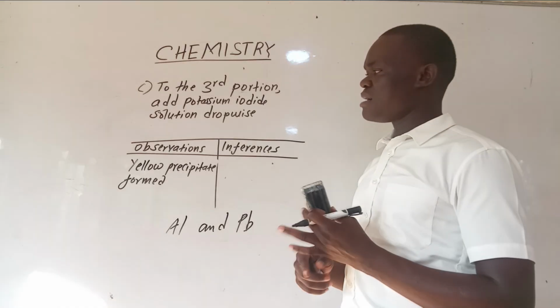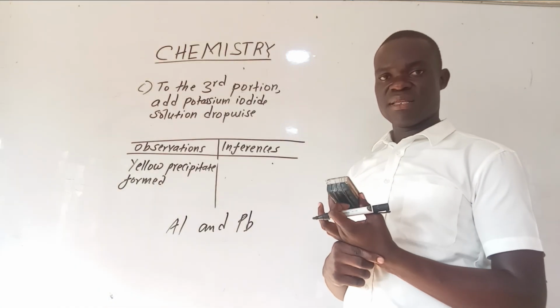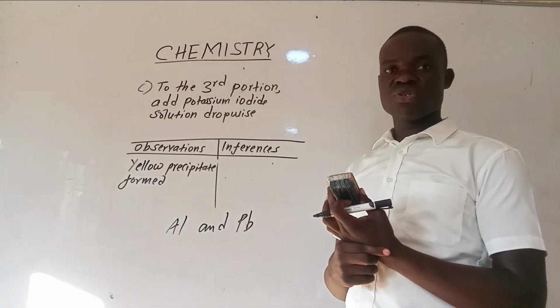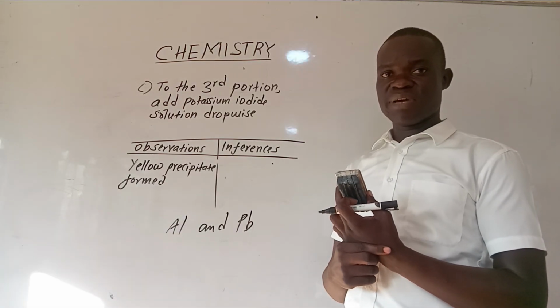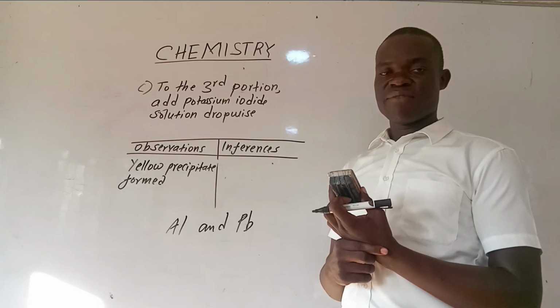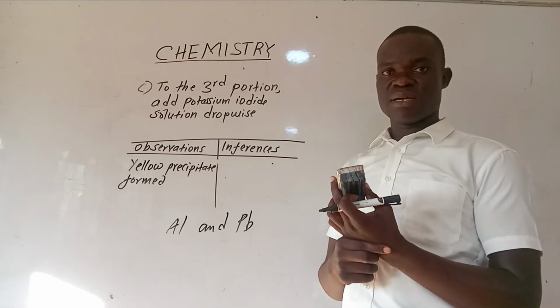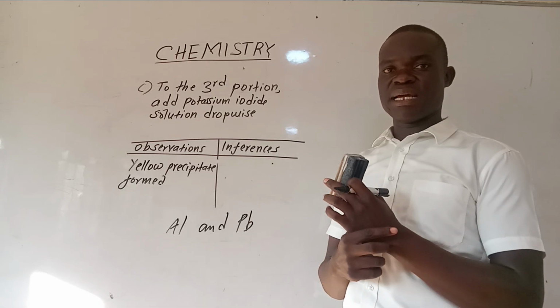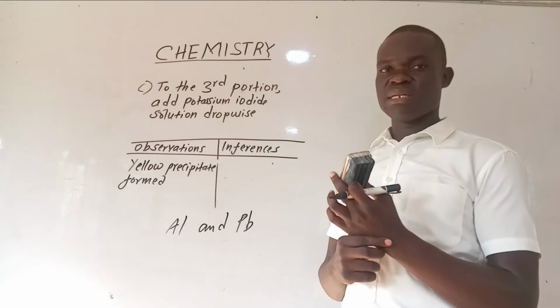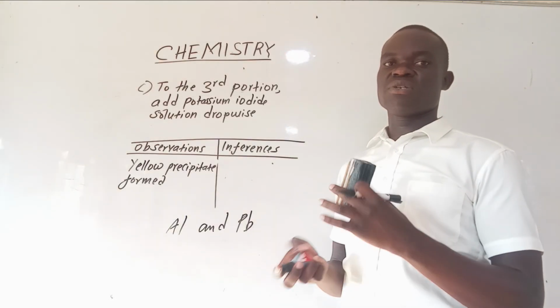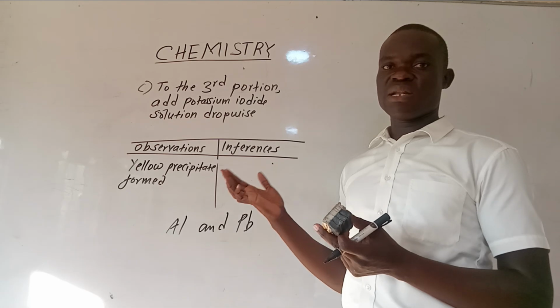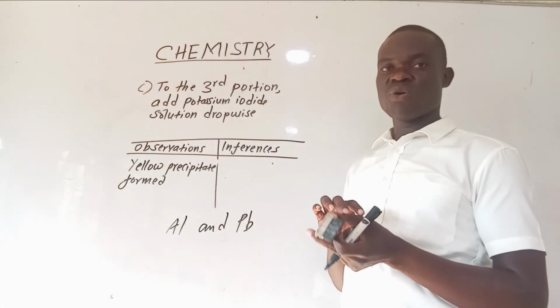But silver, we cannot mention silver in paper 3. In most cases, we don't use silver in our laboratory. Silver is a very expensive metal, and I don't think there is a school that can acquire silver or gold. That's why we don't mention silver or gold as one of the ions tested in qualitative analysis.